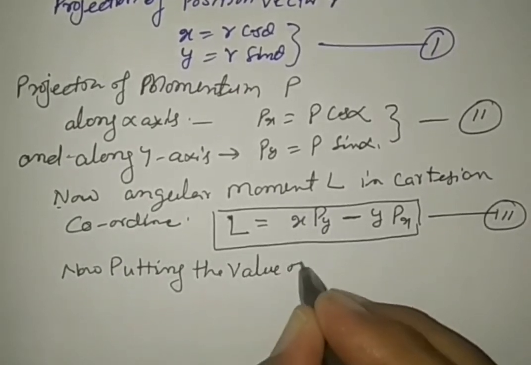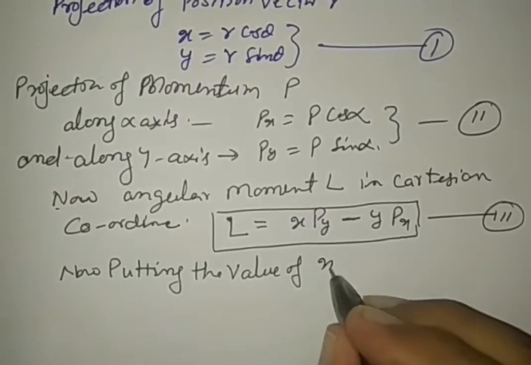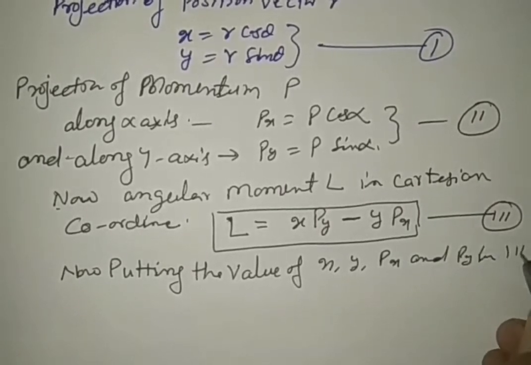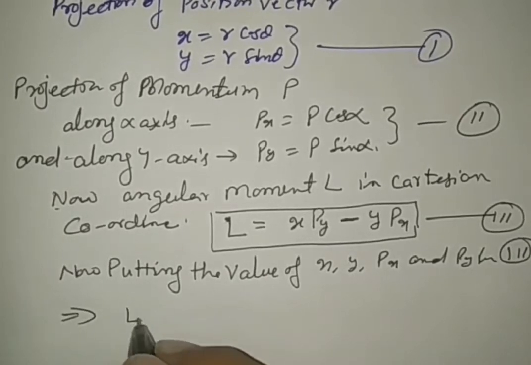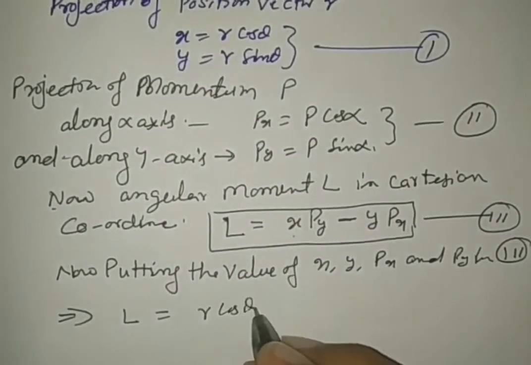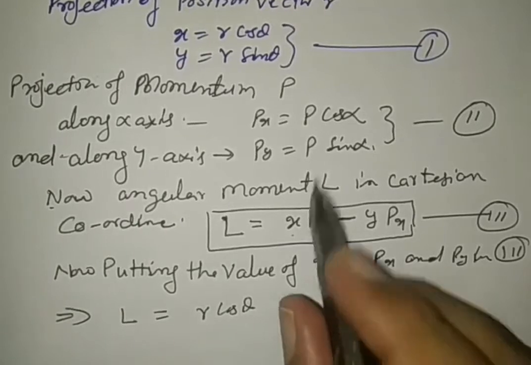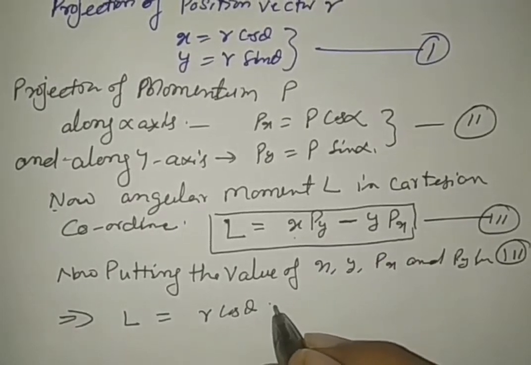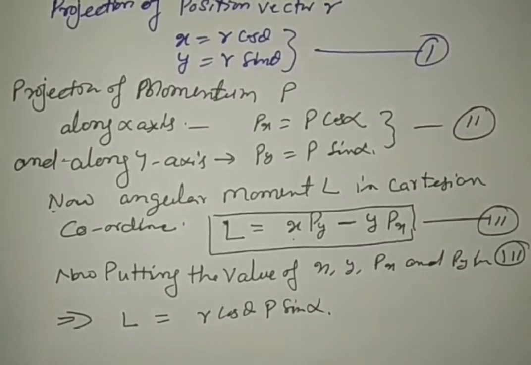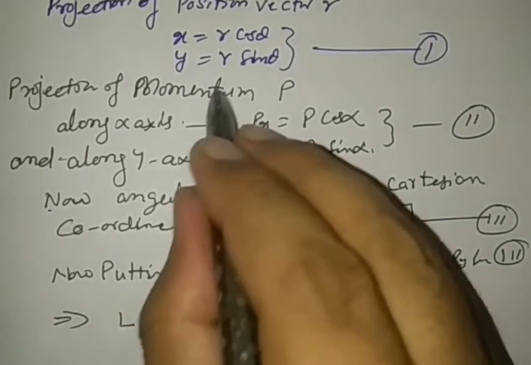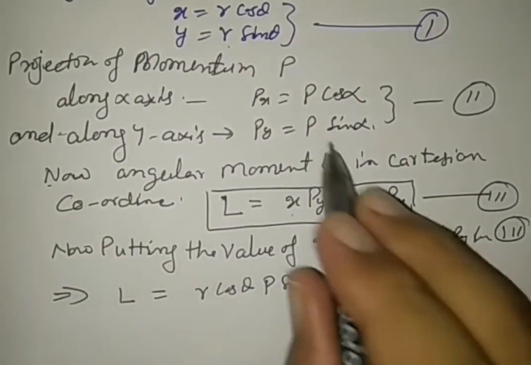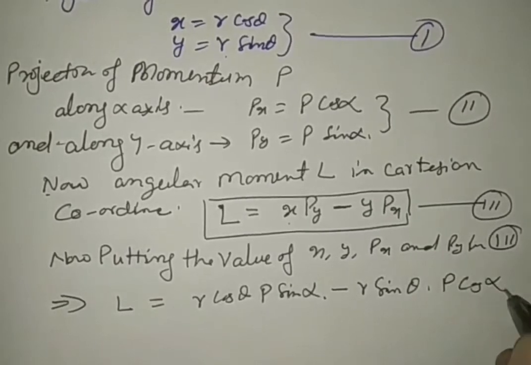So now, putting the values of x, y, px and py in equation 3, this implies that angular momentum is equal to x, where x is r cos theta, times py, which is p sin alpha, minus y, where y is r sin theta, times px, which is p cos alpha.